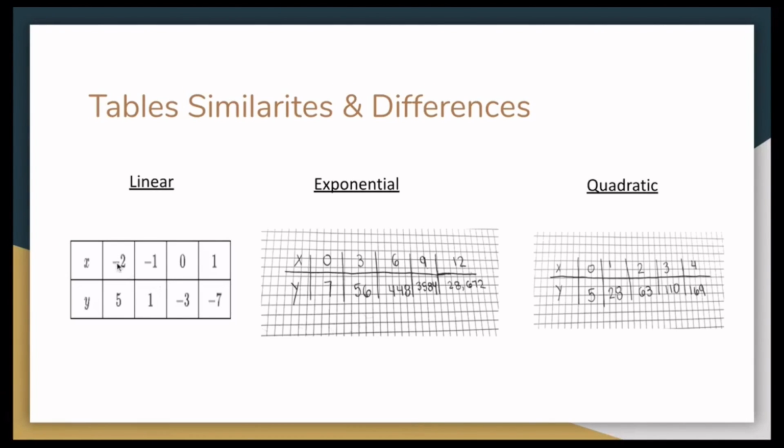They all have a pattern, so plus 1, plus 1, plus 1, plus 1, plus 1, plus 3, plus 3, plus 3, plus 3, and then plus 1, plus 1, plus 1. So they all have a pattern within the x-intercept. This one does have a pattern.